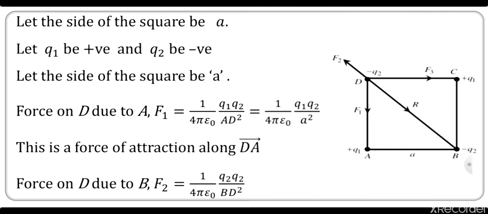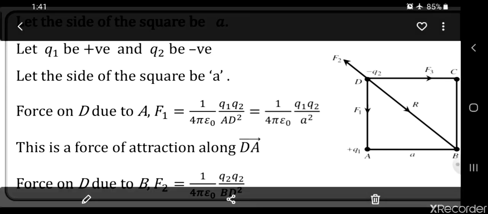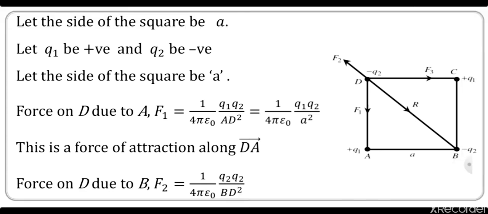And force on D due to B, from B to D, observe the force line is nothing but the diagonal. So now we have to find the diagonal BD by using the Pythagoras theorem. You can take the Pythagoras theorem for any one of the triangles. So I am taking the triangle ADB. In the triangle ADB, BD squared becomes AB squared plus AD squared, means a squared plus a squared. Okay, you will get root 2 a.